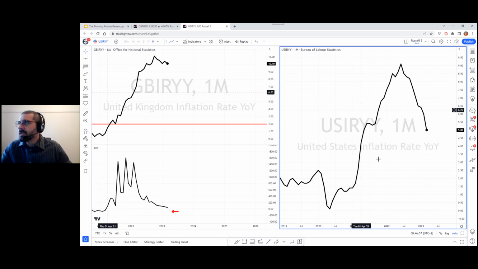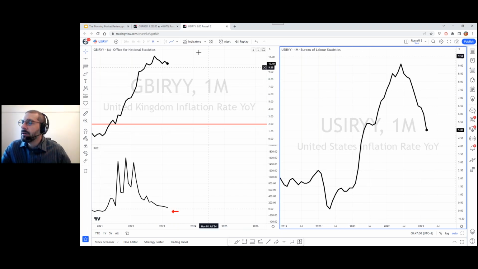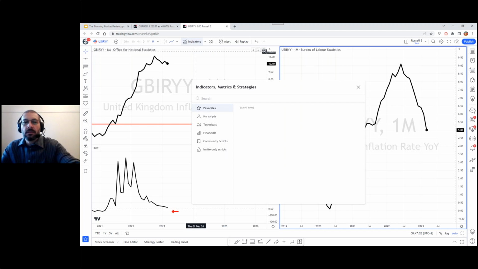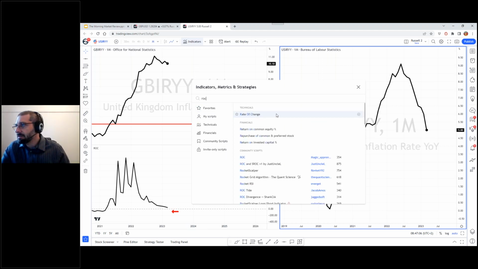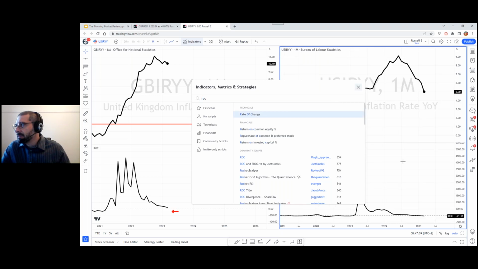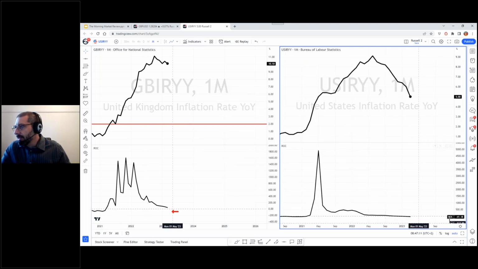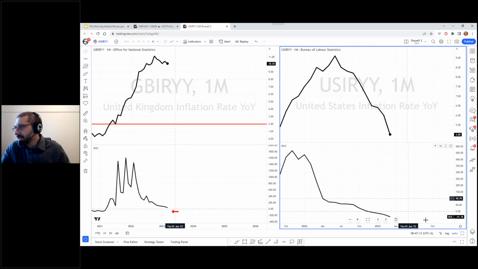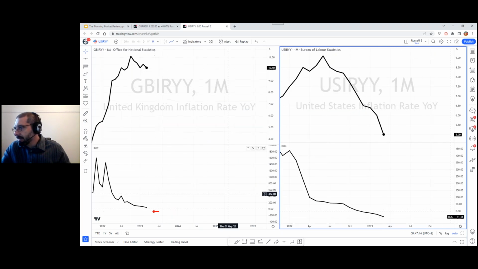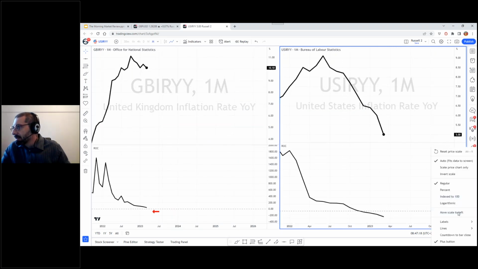And let's put in the rate of change there. Okay, so we're looking at the acceleration, deceleration, and they're on the deceleration side. Okay, they're on the deceleration side.